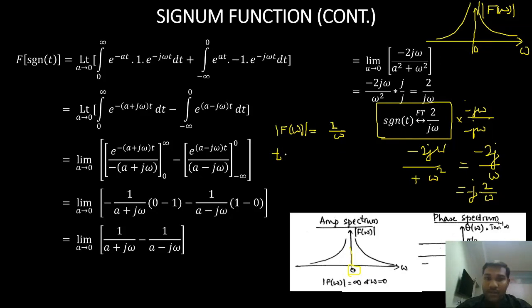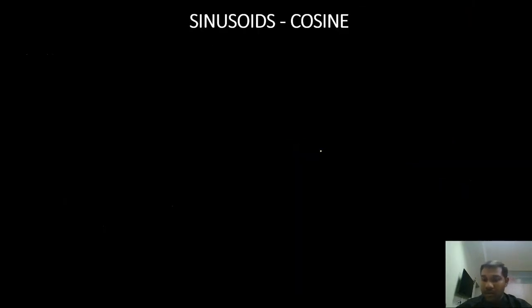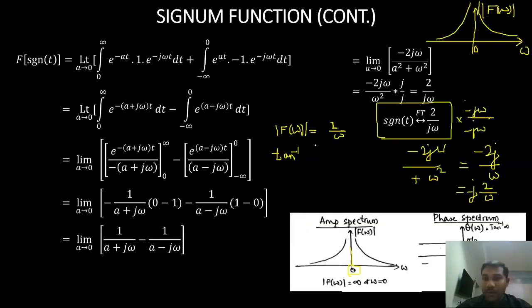Theta of omega is nothing but tan inverse of imaginary part by real part. The imaginary part is minus 2 by omega, by real part 0, right?